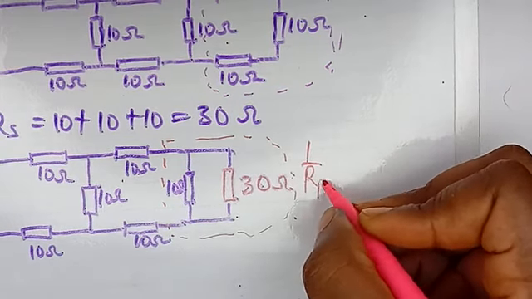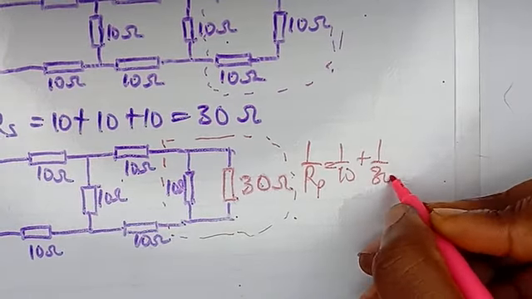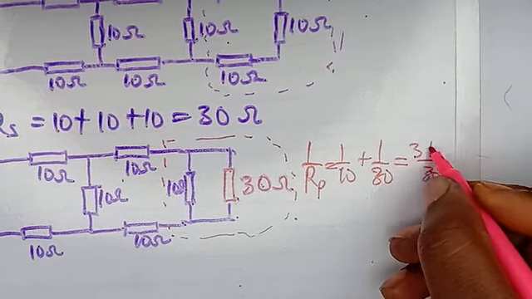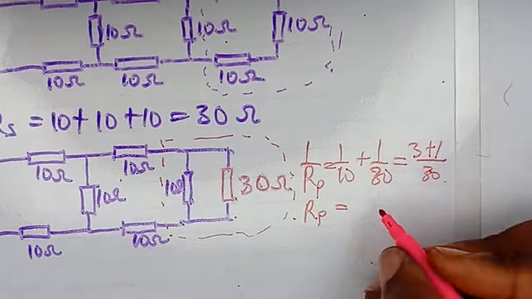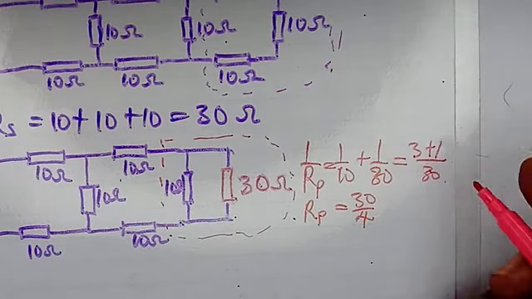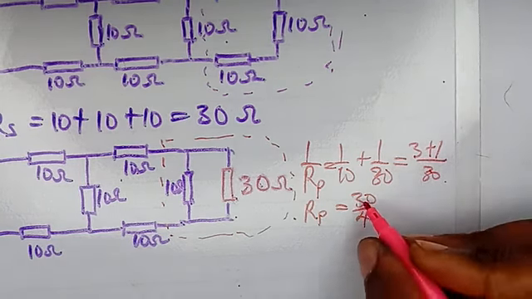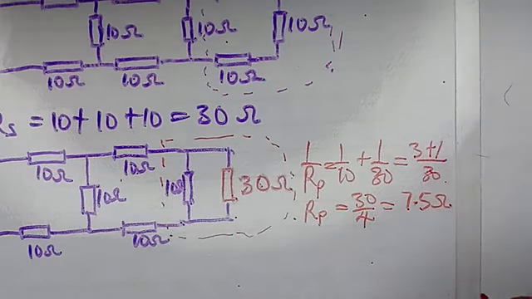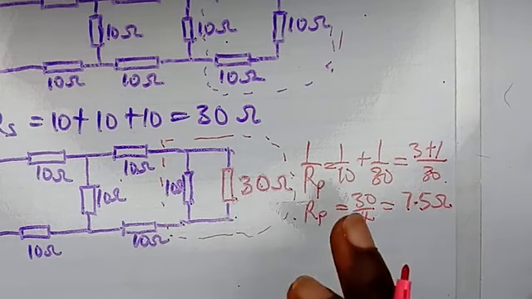So it's just 1/10 plus 1/30, which is equal to 3 plus 1, which is 4/30. So at the end of the day, when we do the reciprocal, we get 30 over 4, which is equal to 7.5 ohms. So this combination of these two is equivalent to 7.5 ohms.